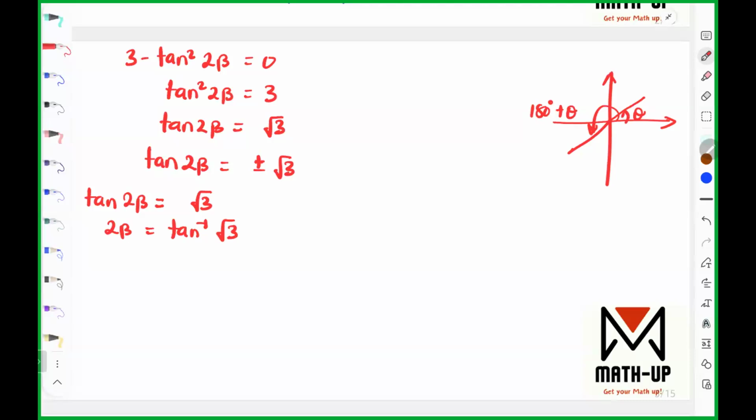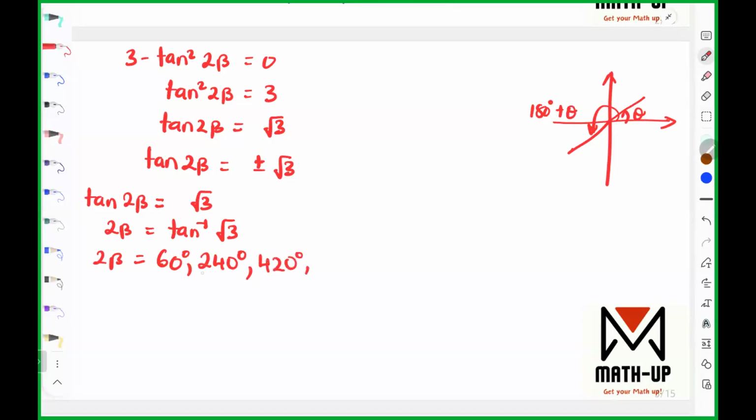So I'll have my 2 beta being equal to tan inverse of root 3, which is 60 degrees. So 60 degrees, and the third quadrant angle will be 240 degrees, 180 plus 60 degrees. Then when I add a whole revolution to 60 degrees, I'll have 420 degrees.